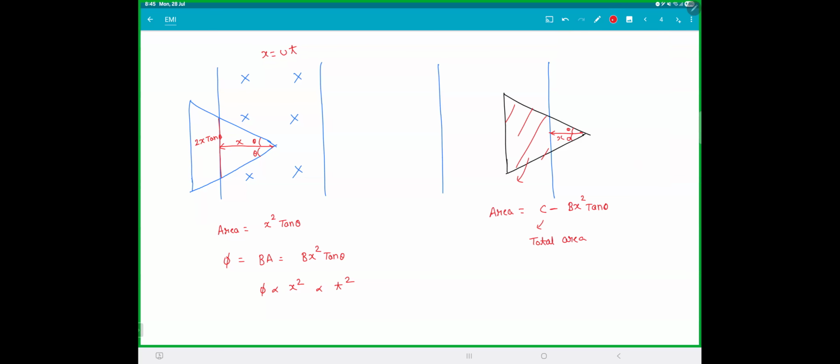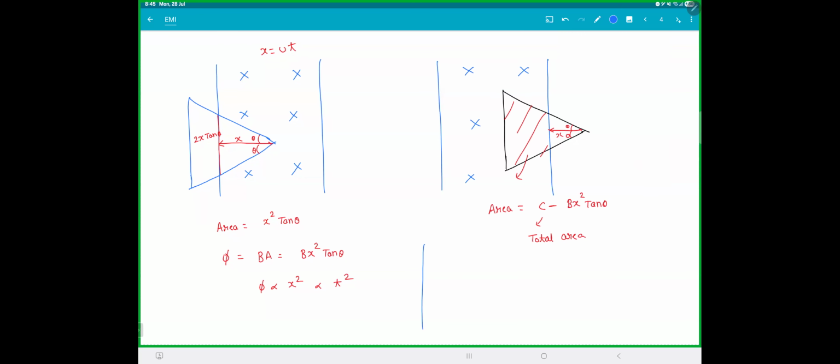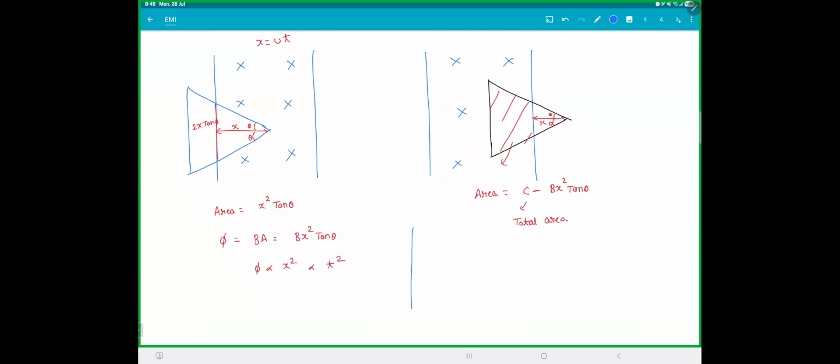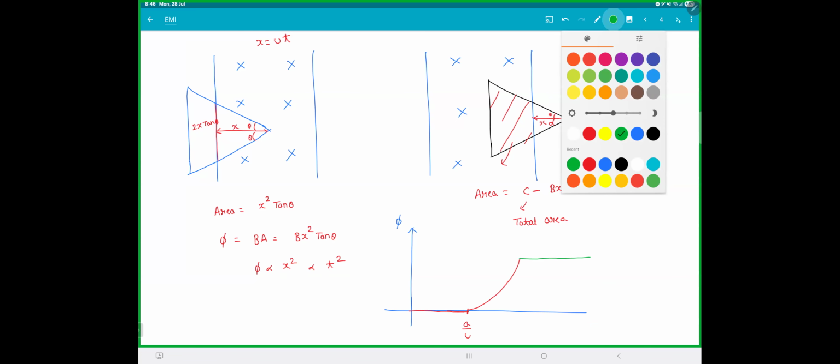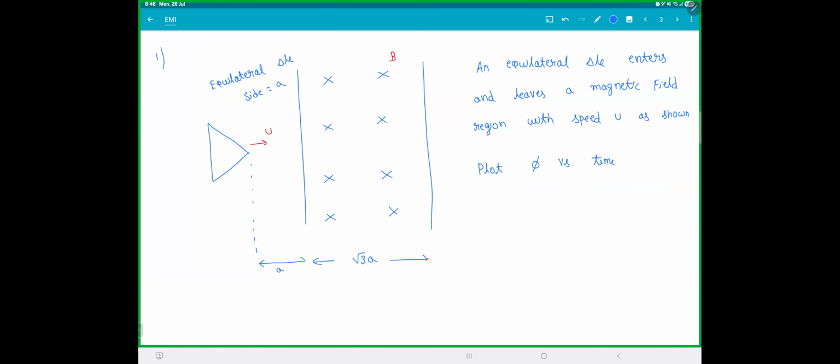So now if you try to plot this graph, for some initial time there'll be no flux. That is still a by u. Then it's a t square function. It's a parabola. Then it becomes a constant. If you see, the side is root 3a and the height of the triangle is root 3a by 2.